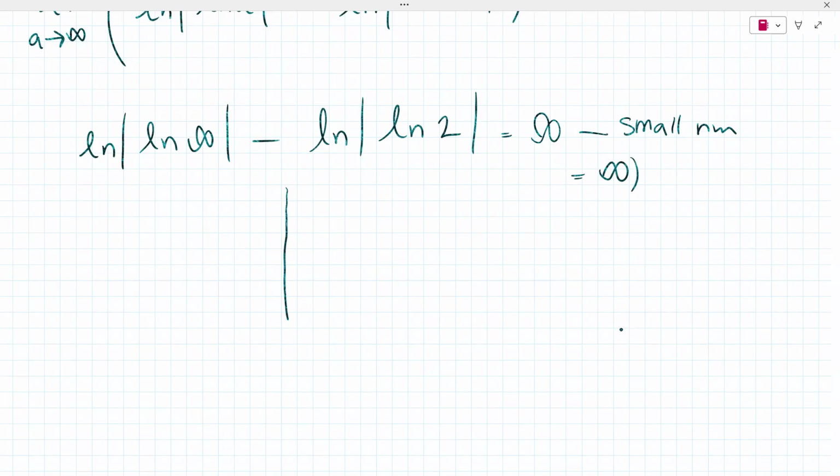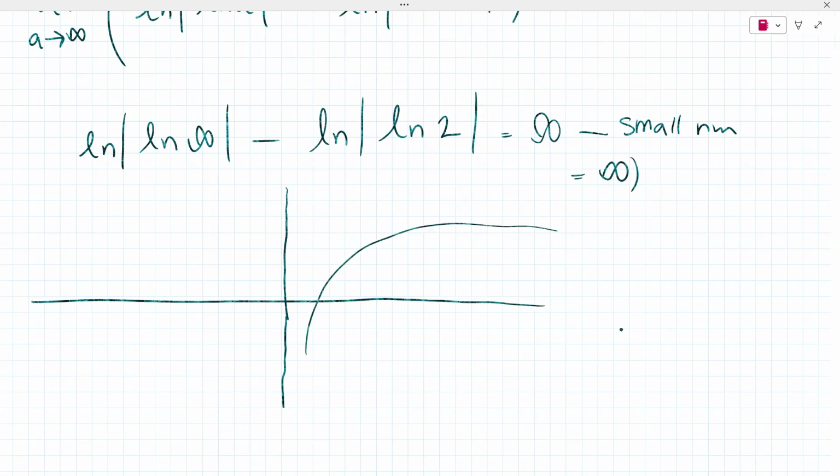If you look at it graphically, the graph of ln of ln x would look something like this. As x goes to positive infinity, the y slowly starts to increase. So it diverges because it's infinity.